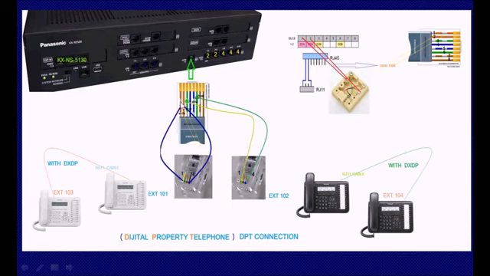This orange white orange pair will be connected to 101 through another RJ cable to connect 103. Green pair will give connection for 102, and the direct RJ11 cable will give us 104.